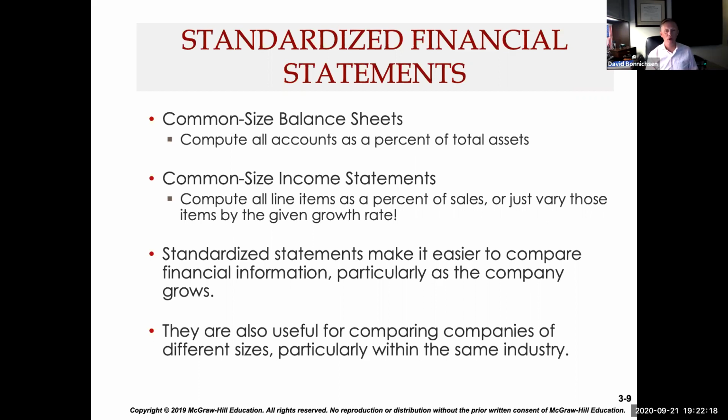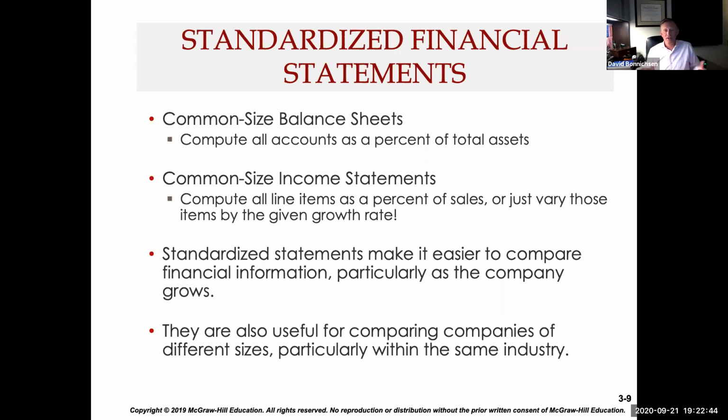Right? So everything on the income statement is standardized according to a percentage of sales. And when we get into an example in a moment, we'll talk a little bit about my more preferred way of doing it as opposed to the way the text conveys it. All right. But we'll talk about using a percentage of sales as opposed to just simply the sales growth rate.